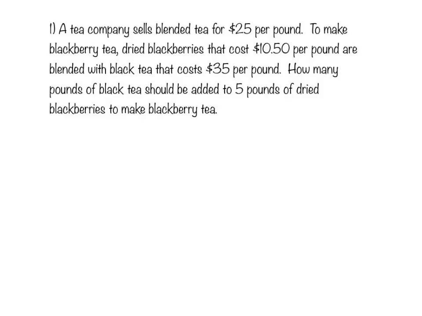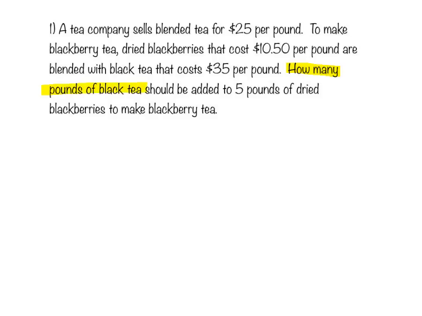How many pounds of black tea should be added to 5 pounds of dried blackberries to make blackberry tea? The first thing you need to define is what we're looking for. What is my unknown? My unknown is how many pounds of black tea should be added.